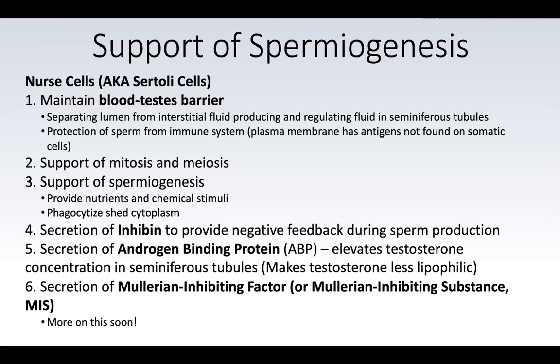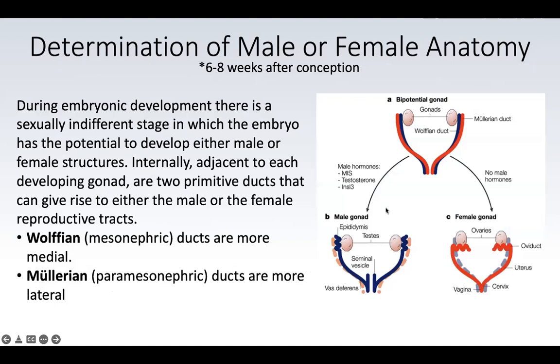And so by the very presence of nurse cells between weeks 6 to 8 of development, they are responsible for secreting Mullerian inhibiting factor. Mullerian inhibiting factor is what will inhibit the further development of these Mullerian ducts in what will become a male baby, because they won't need it. They're supposed to be male. You only see Mullerian ducts in the female anatomy.